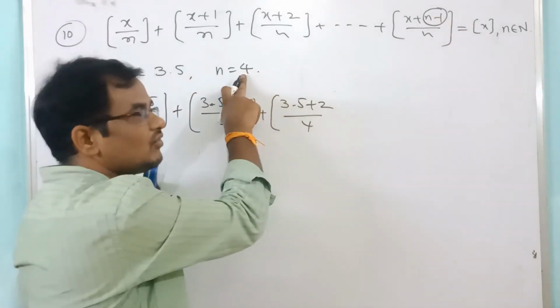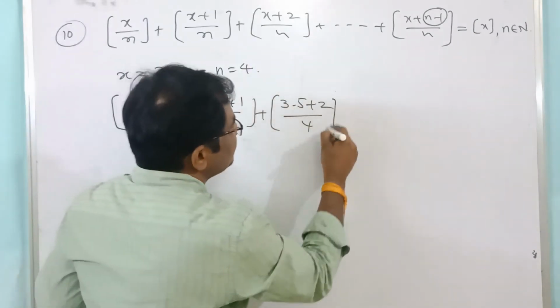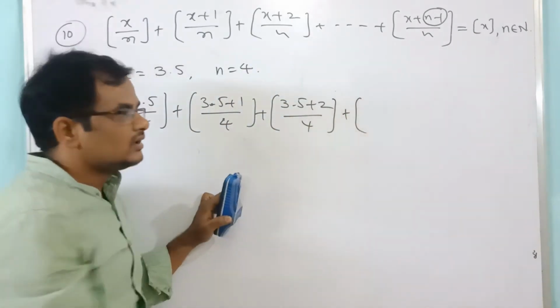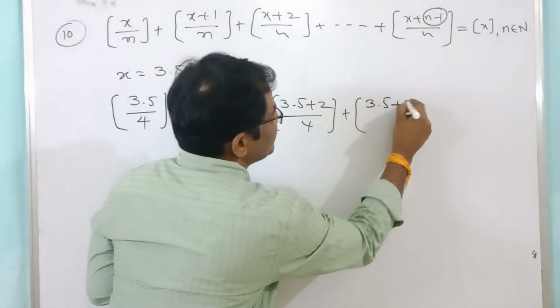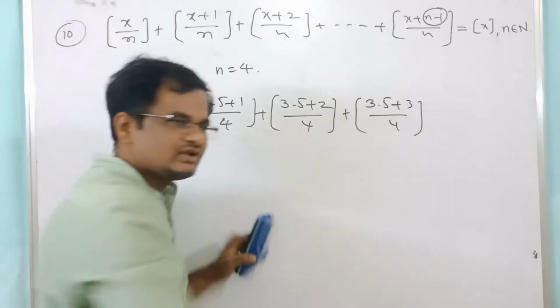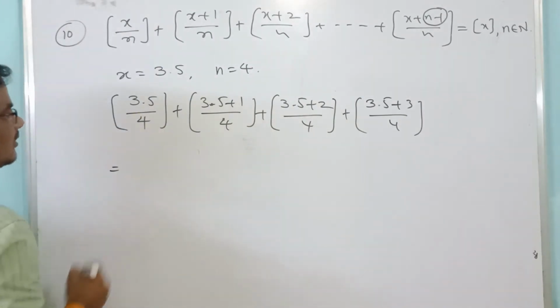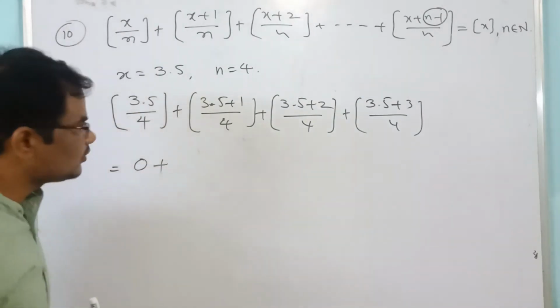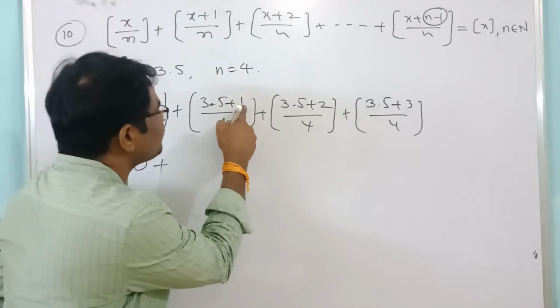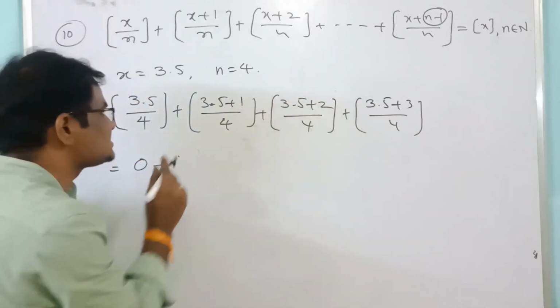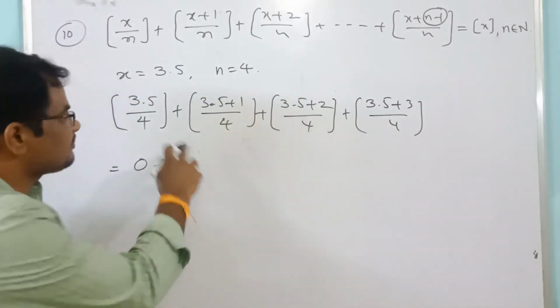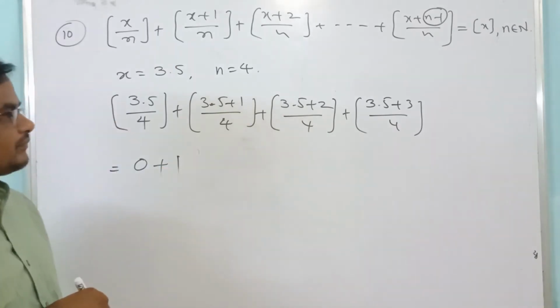N is 4, n minus 1 is 3, plus floor of 3.5 plus 3 by 4, up to here only, no? Once you observe, that is equal to floor of 3.5 by 4, which is 0. And here 4.5 by 4 means 1 point something, floor of it is 1.